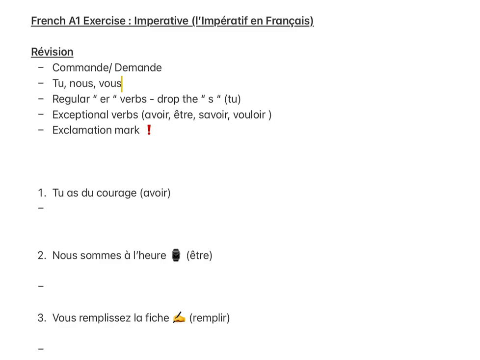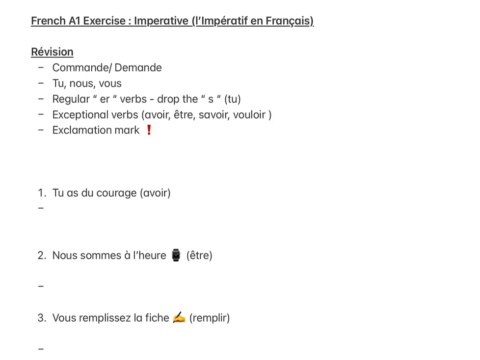However, when it comes to making the imperative for the regular ER verbs in French, not only do we drop these subject pronouns, but we also drop the S in the tu form, since that is the rule. But we must also note that this rule, where we drop the S in the tu form, is only for the regular ER verbs in French and not for the regular IR verbs and RE verbs in French.